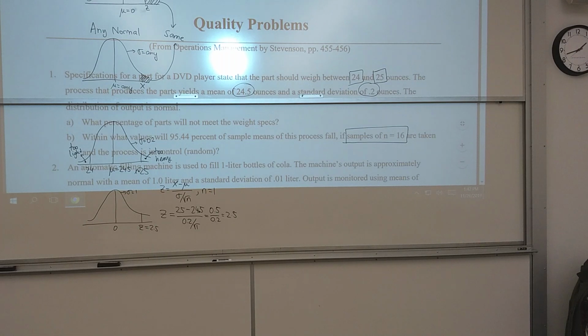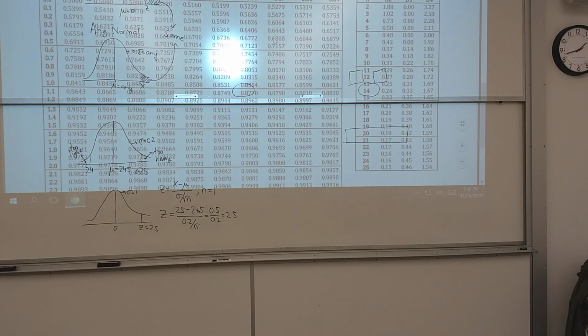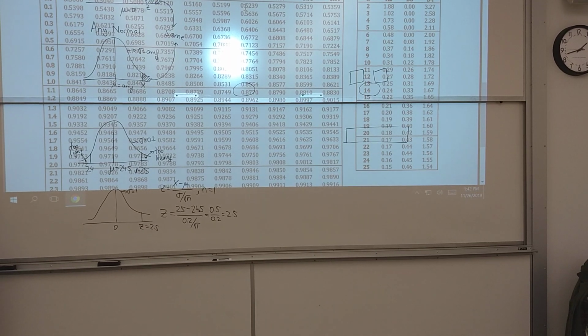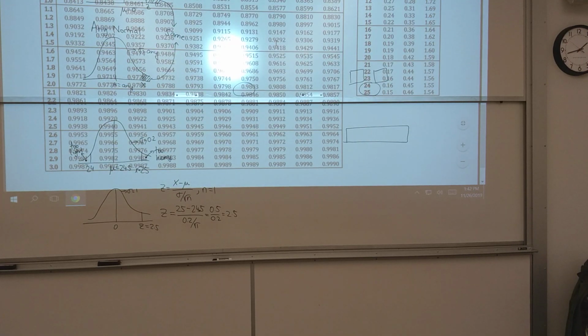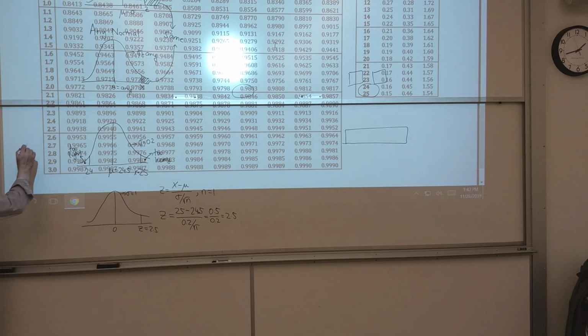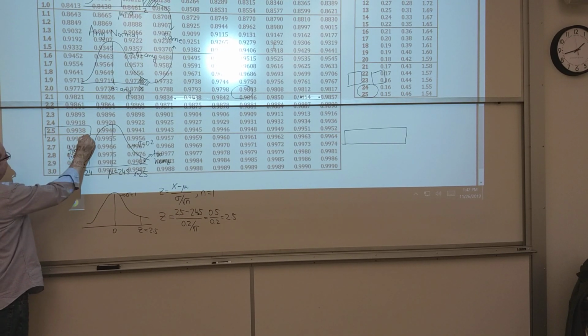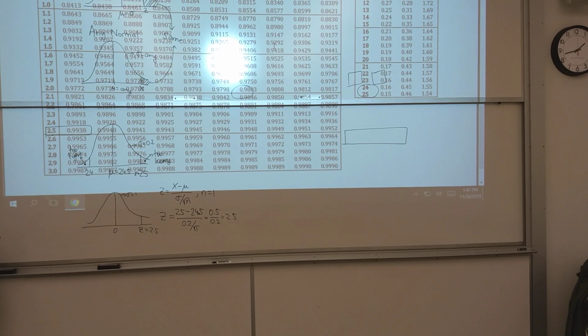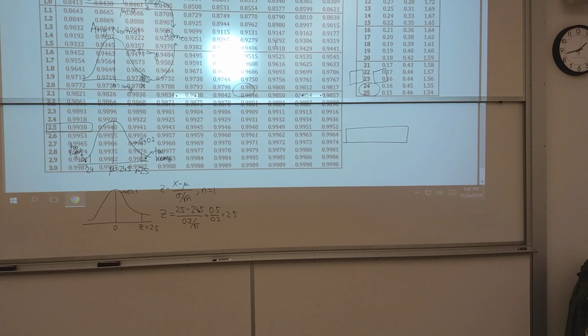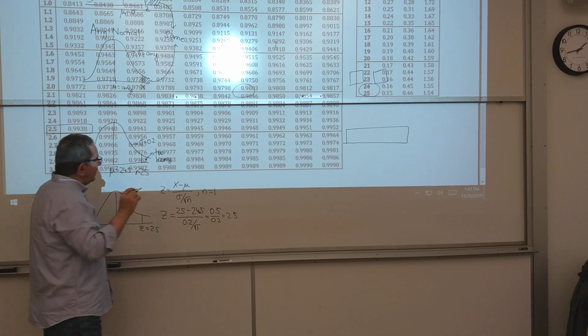At the back of the formula sheet, there is the standard normal distribution, and we are looking for 2.5. So what this really means is the following.